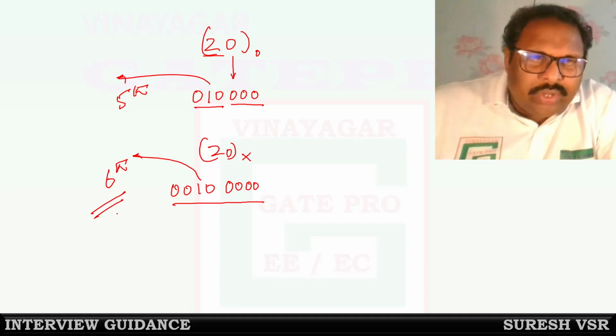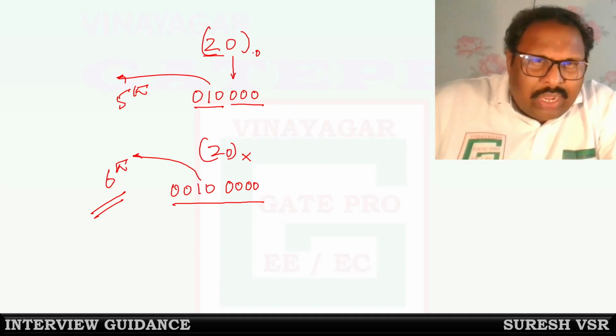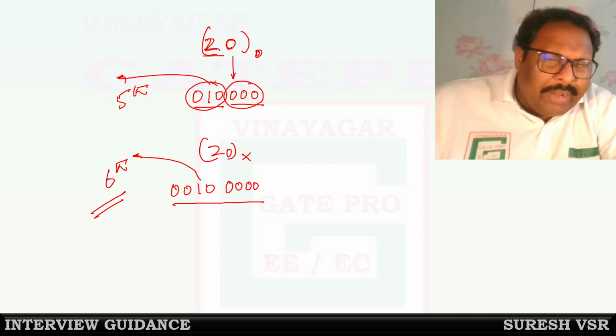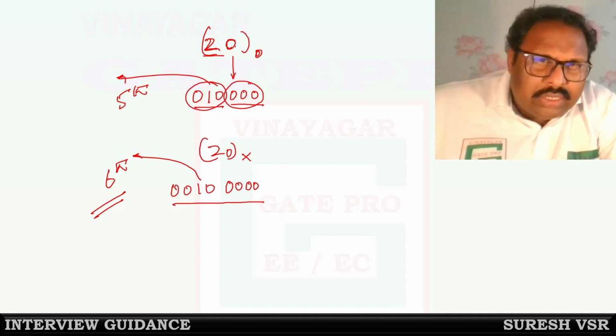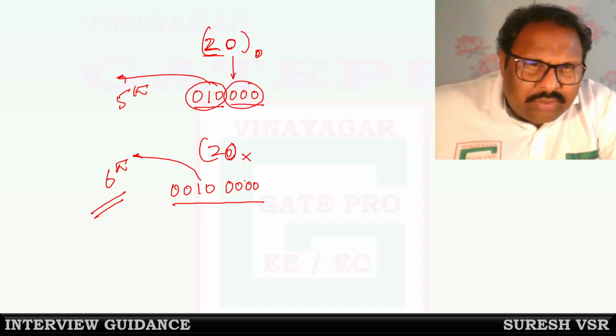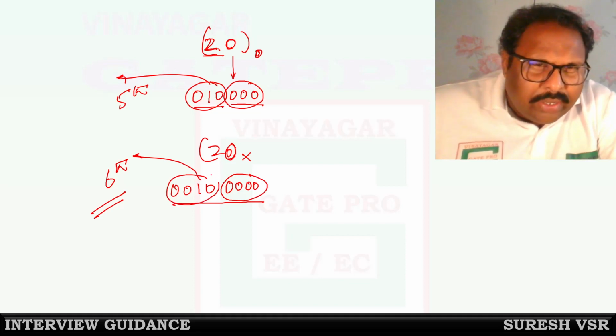So that is common sense you can use: when you convert octal into binary, each digit you have to convert into 3 digits of binary. So just convert octal into binary very easily. How? 0's 3-digit equivalent, 2's 3-digit equivalent. Similarly, 20 in hexa, when you convert it to binary, 0's 4-digit equivalent, 2's 4-digit equivalent.